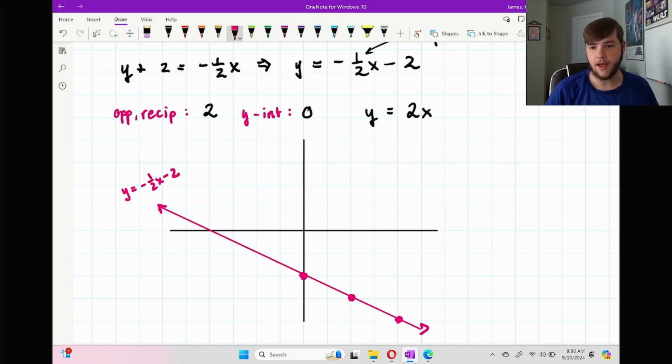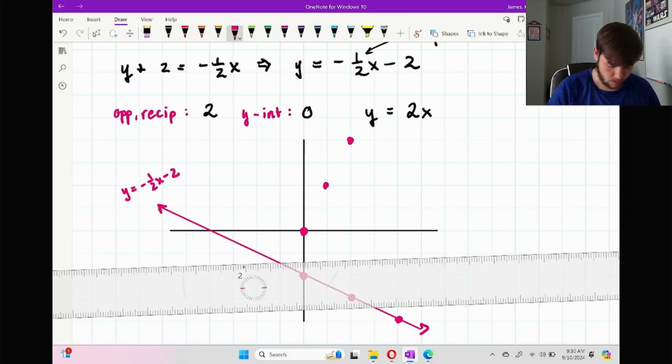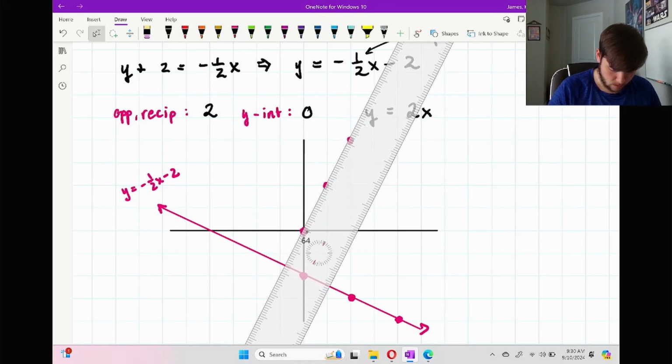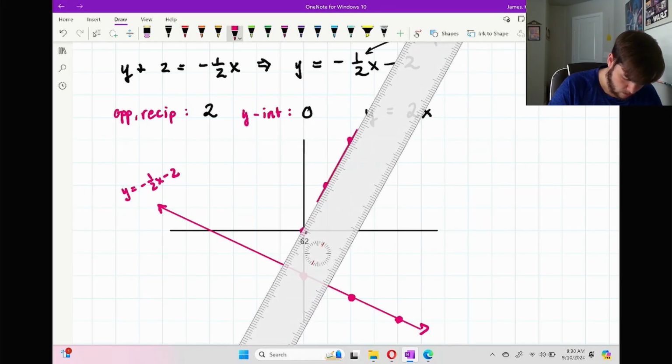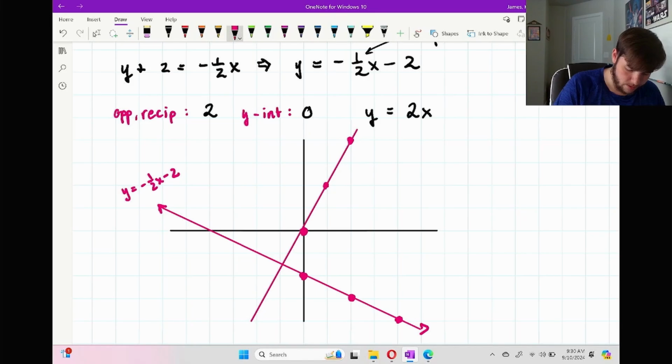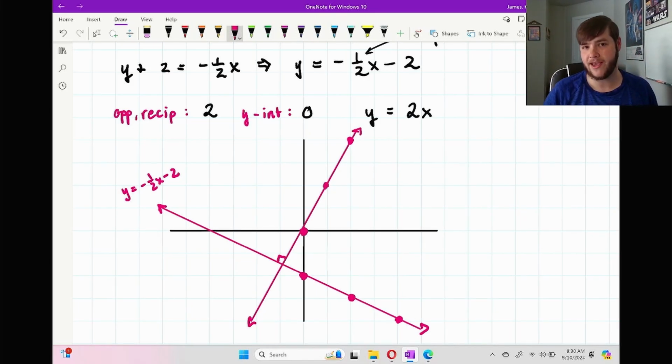I know for my other line, its y-intercept is 0, and its slope is 2. So I rise 2, run 1, rise 2, run 1. And you'll notice here that these two lines intersect at a right angle, and that is a fun property of perpendicular lines.